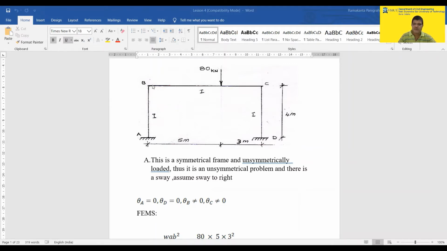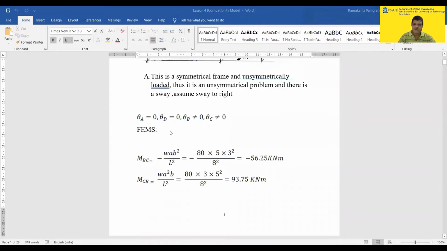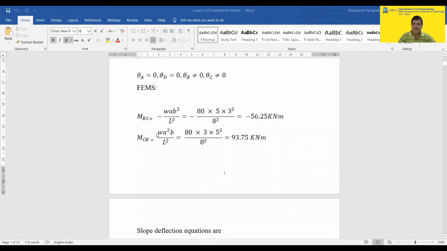Only the fixed end moments for BC and CB are needed. Since the load is at a distance a from this side and b from that side, we can use the formula: MF BC is equal to minus W a b square by L square, where W is 80, a is 5, b is 3, and that gives a value of minus 56.25 kilonewton meter.